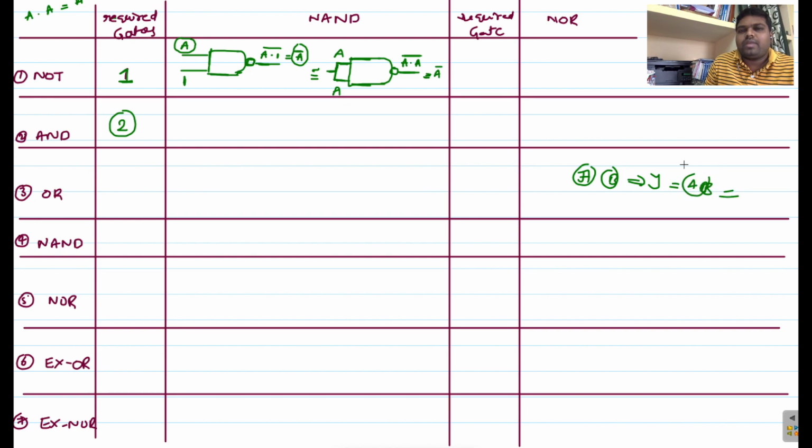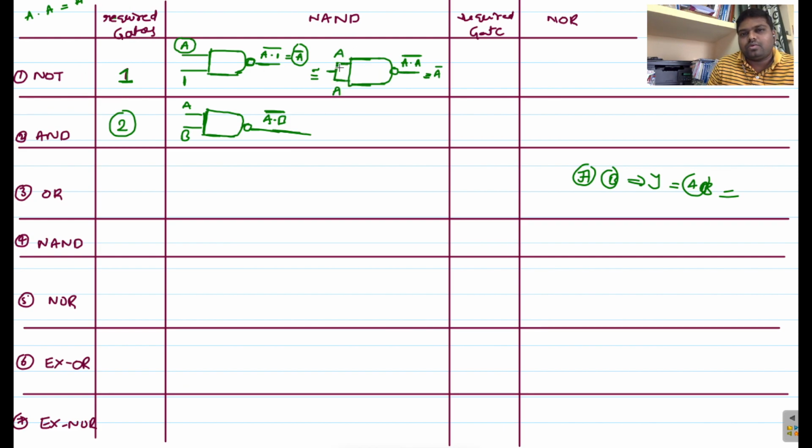The same thing you can implement with the help of NAND logic. First I am taking one NAND gate here. For this I am taking two inputs, that is A and B. So finally what you will get here is A into B whole bar, that means the inverted product. Now you have to convert that into AB. Here the NOT gate is already done.